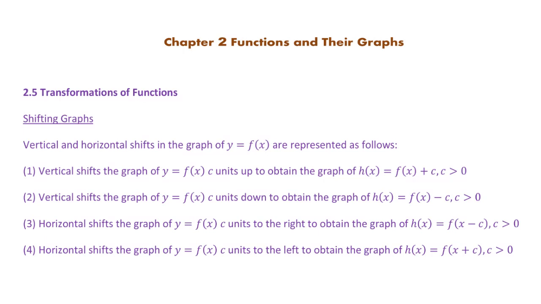This is basically about graphing. So when you do all kinds of operations to the curve or the graph of a function, then you get another function. You can shift the graph horizontally or vertically to get another function, or you can reflect the graph to get another function.